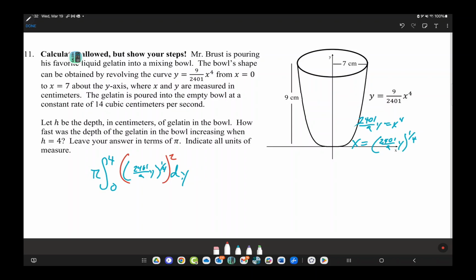Now, that's going to give me pi, 0 to 4 of 2401 over 9y to the 1/2, right? Because when you square 1/4, you get 1/2.